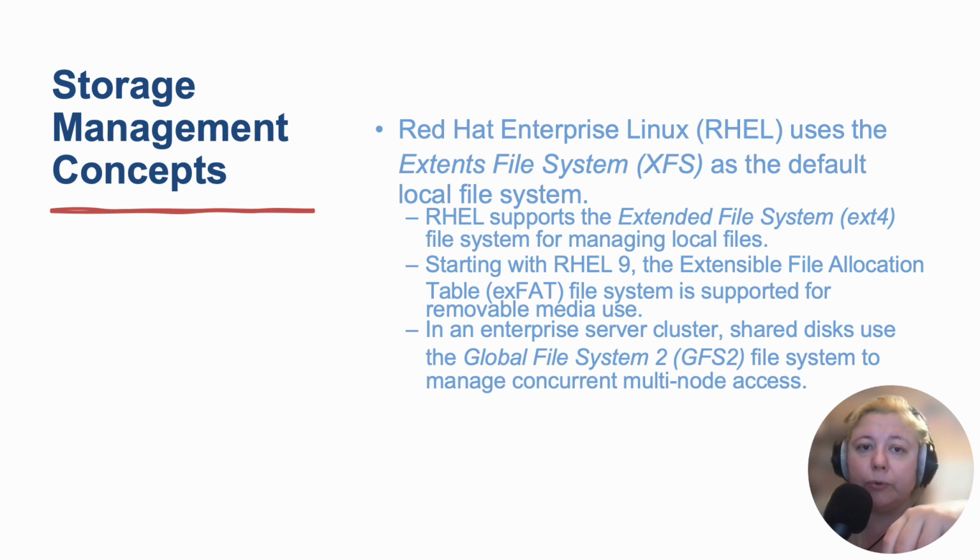Before that, it was just FAT, then FAT16, FAT32. Now exFAT can be used with thumb drives or other external storage devices with large capacity, and you can operate with large file sizes too. The enterprise server file system is called global file system, which allows serving multiple users at the same time.